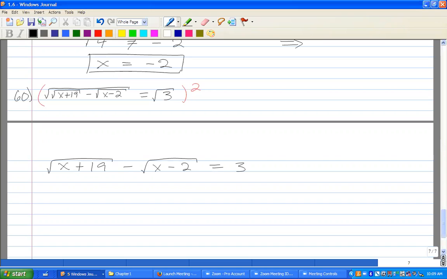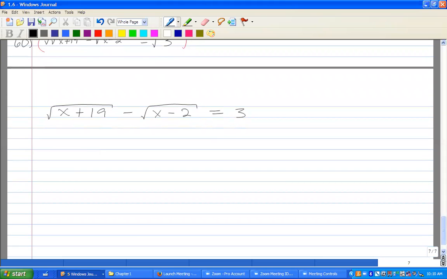Let's solve this radical equation. So first, let's add to my equation, solving for one of the radicals. Notice I can only solve for one of the radicals. I'll solve for the most complicated of the radicals, the radical x plus 19. That'll make some of the algebra a little bit easier.